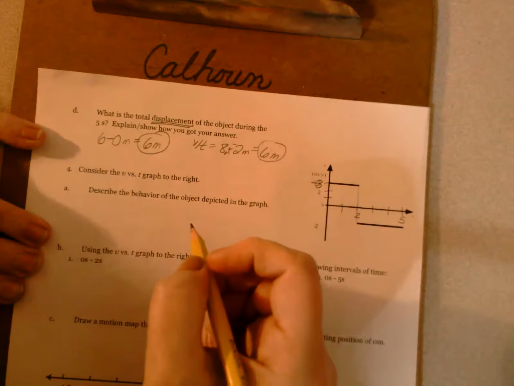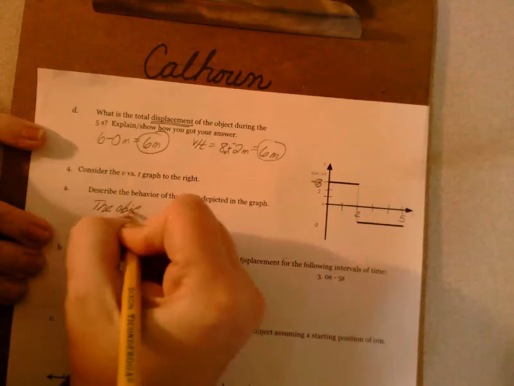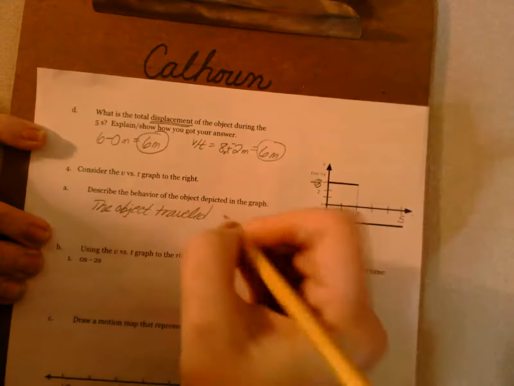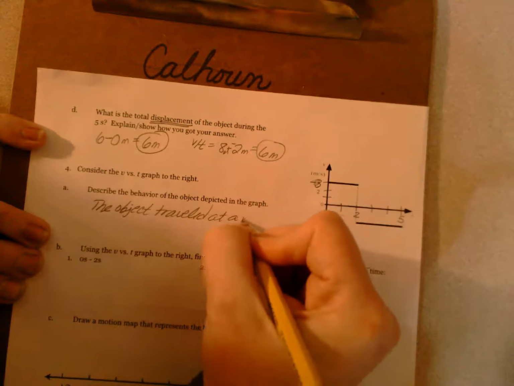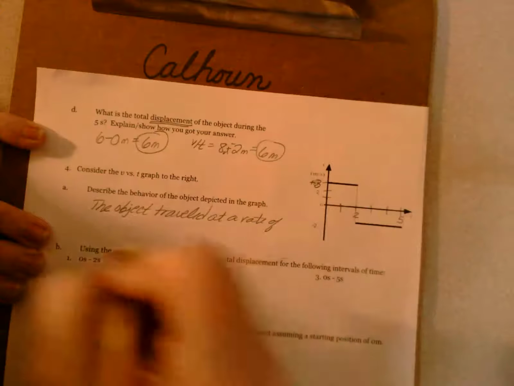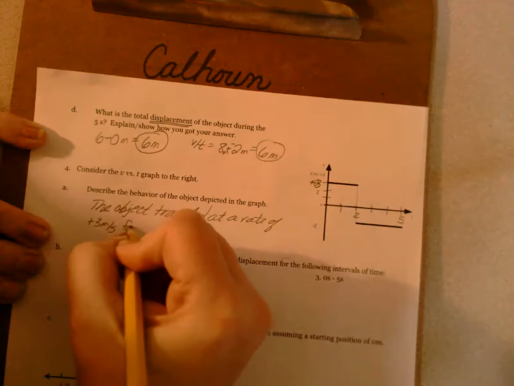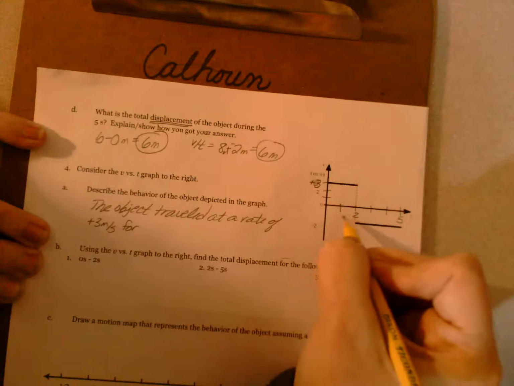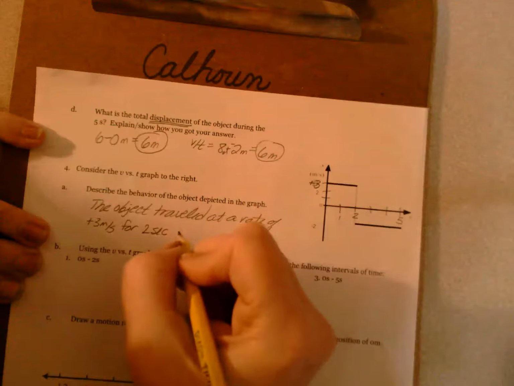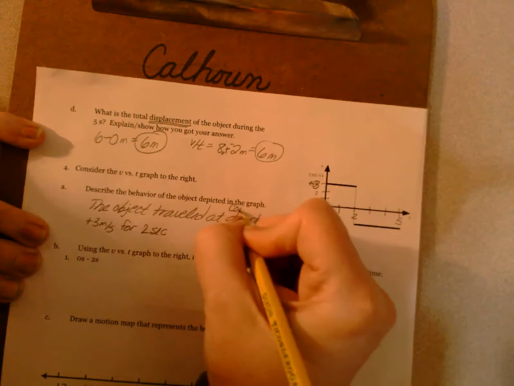So describe the behavior. The object traveled at a rate of, this is +3 meters per second for 1 and 2 seconds. And I can even put constant rate.